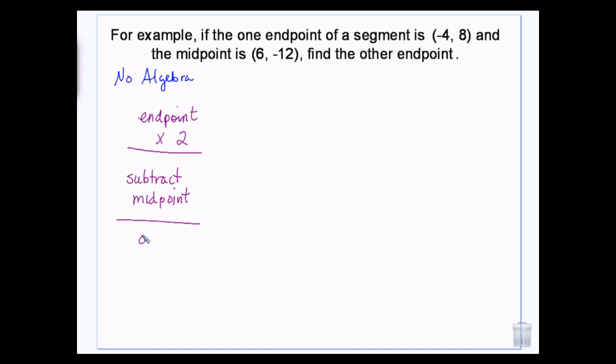And that's going to give me the other end. Okay, so my end point, take negative 4 and 8, and I multiply it by 2, which results in negative 8 and 16.